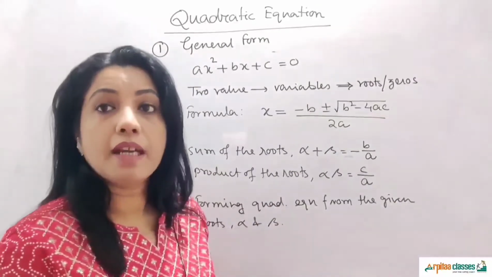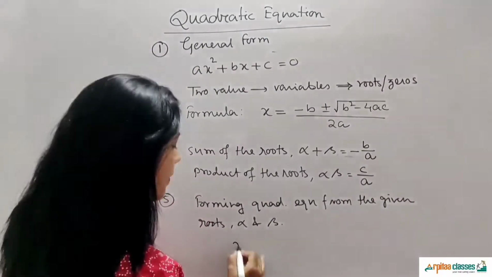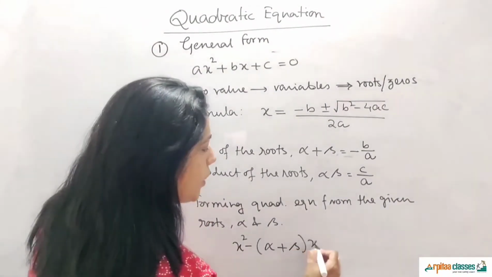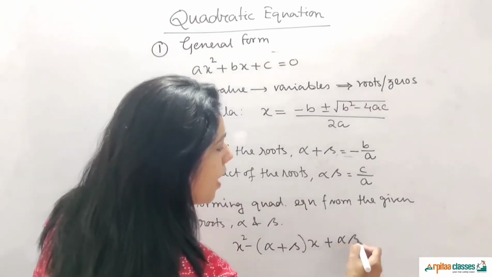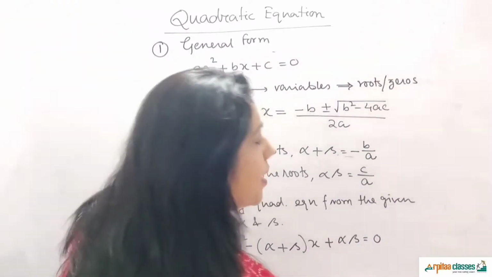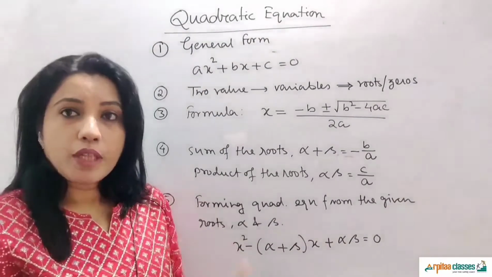So alpha and beta are given to us. In that case, the equation would be x square minus alpha plus beta into x plus alpha into beta is equal to 0. Please note it down.